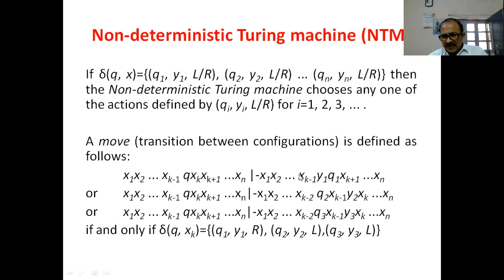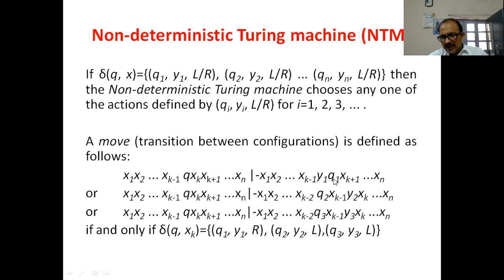It goes to another configuration. Suppose the machine is in state q, it reads xk, and suppose the machine takes the tuple that sends it to state q1, replaces xk by y1 and moves in the right direction. Now the next symbol under the tape head is xk plus 1.